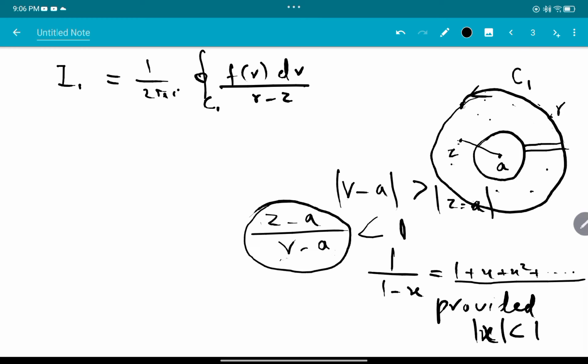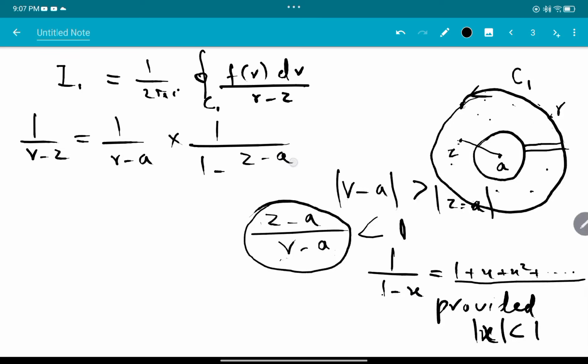So I will incorporate this quantity into it. This is how I will write 1 by gamma minus z is equal to 1 by gamma minus a into 1 by 1 minus z minus a divided by gamma minus a.